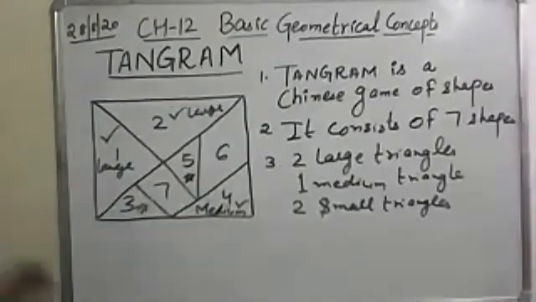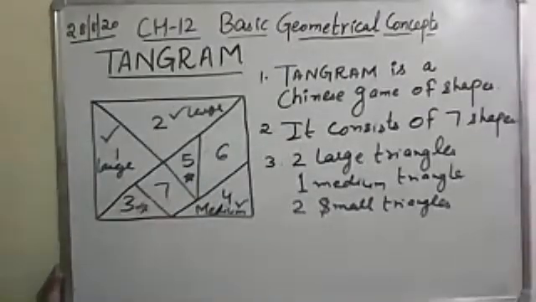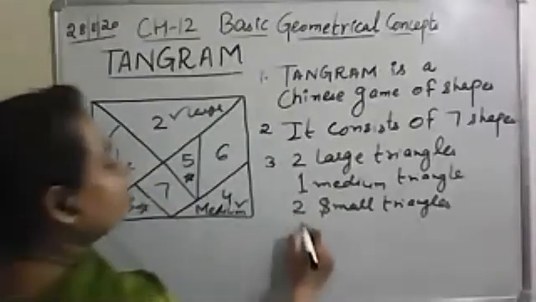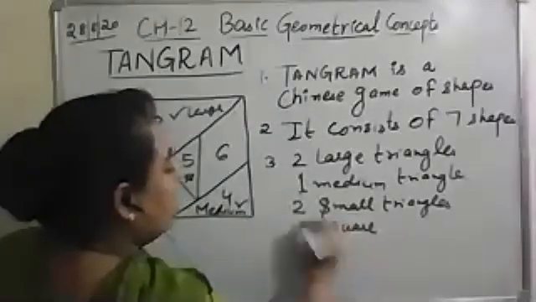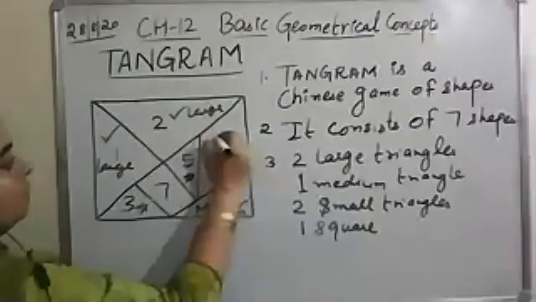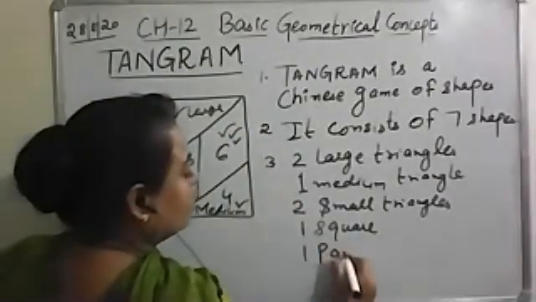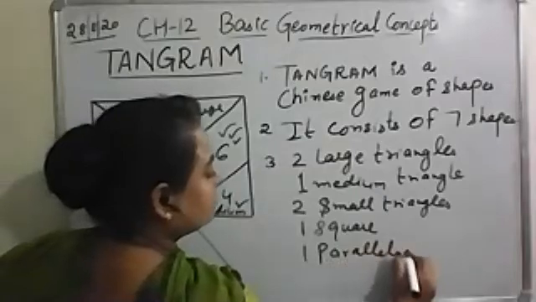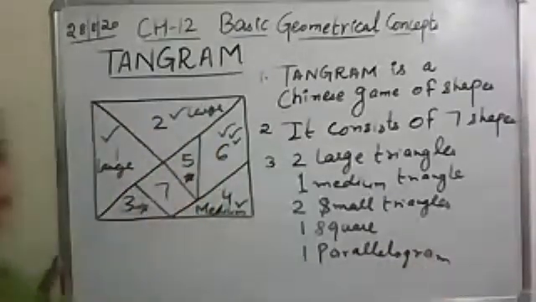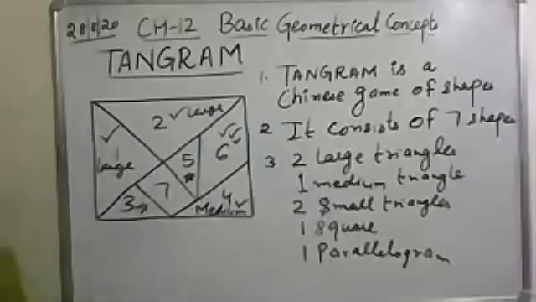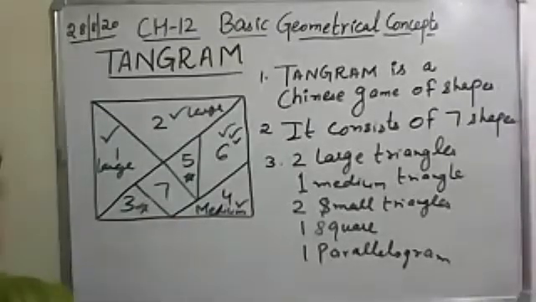So these two triangles are small triangles. And in the middle, check your book, you have one square. And this 6th shape is known as one parallelogram. 7 is a square, not 6. 6 is not a square, beta. 6 is another figure.